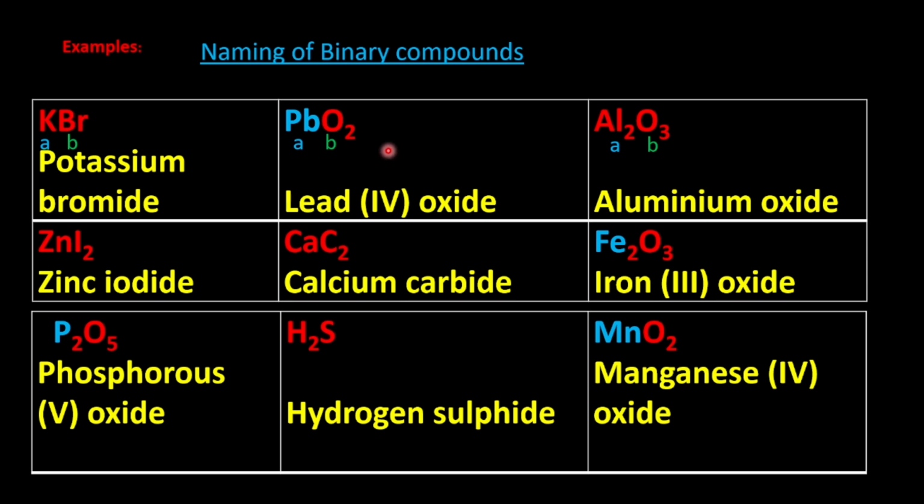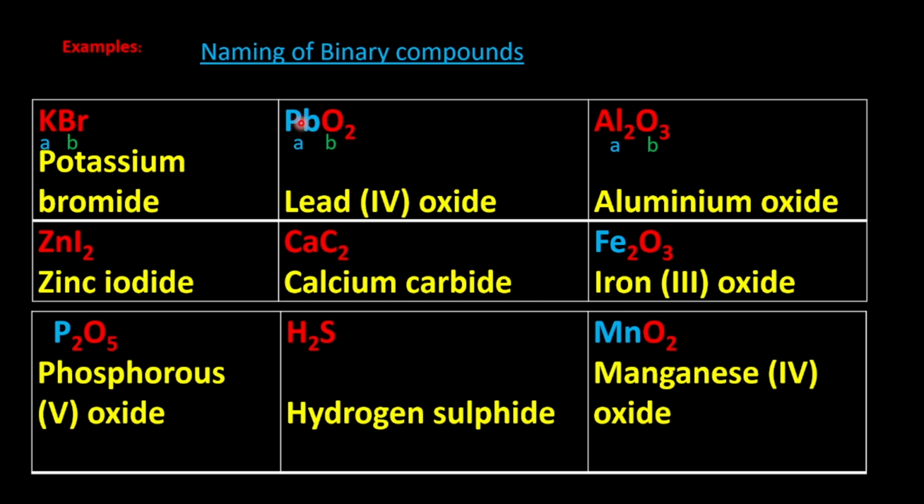Okay, now let's take the second one here. You ask yourself, is A varying or is it fixed? As I said, if A has a fixed oxidation number, then you don't calculate. But if A varies, then you calculate. Pb has a variable oxidation number.